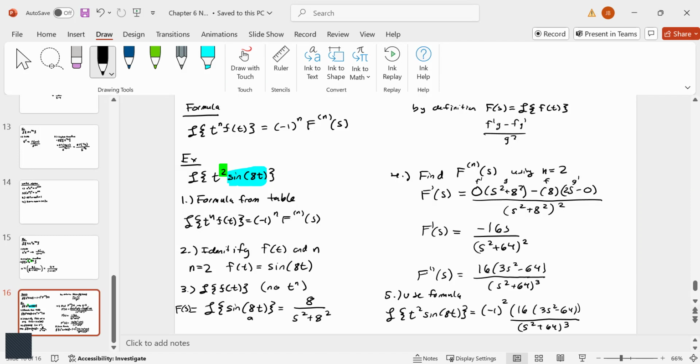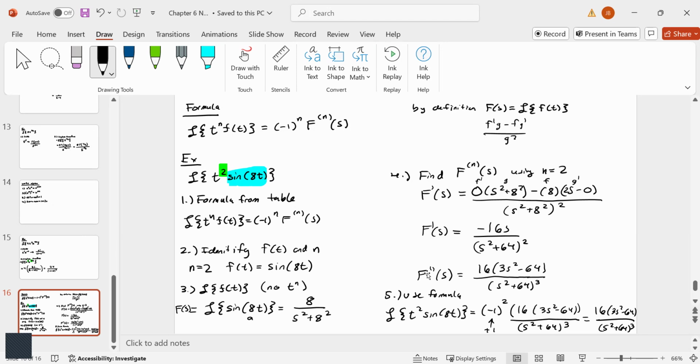And then negative 1 squared is just positive. So we just get 16 times 3s squared minus 64 over s squared plus 64 to the third power. And that's it. That's how you deal with a problem like that.